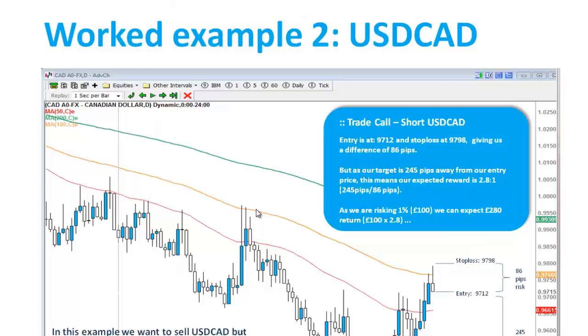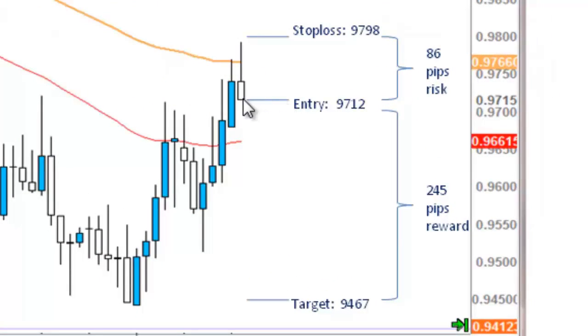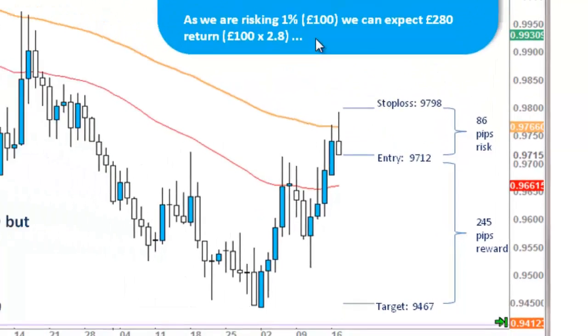So let's look at dollar CAD, affectionately known as the loonie. And we can see, again, we've got a test bar or a pin bar, whatever you like to call it, at the 100 moving average. We've got our entry at 97.12 and our stop loss at 97.98, giving us a difference of 86 pips between our entry and our stop loss.